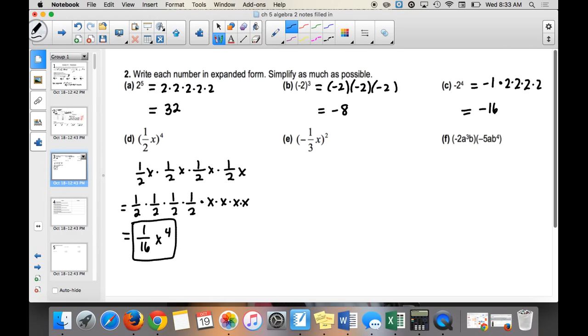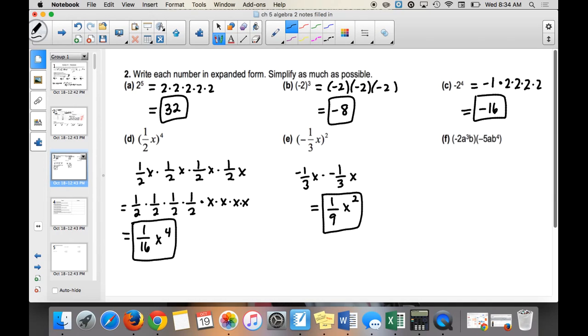All right, feeling pretty good about this still? So negative 1/3 x times negative 1/3 x. We'd have negative 1/3 times negative 1/3, multiply across the top and bottom. We get positive 1 over 9 x squared. All right, and then the next one, same idea. So I'd have negative 2, and then I'd have 1, 2, 3 a's, 1 b, negative 5, 1 a, 4 b's.